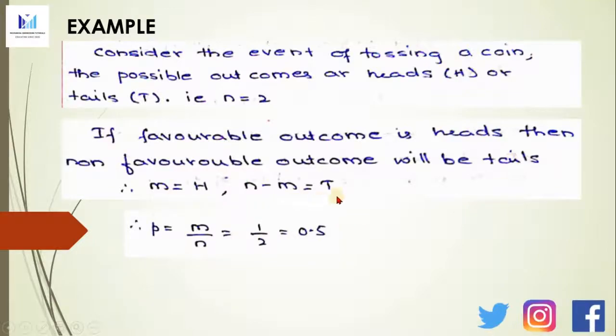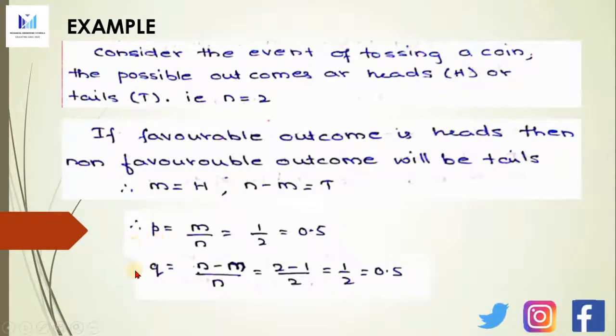Now let us see what is the probability of getting tails, that is, the probability of the non-favorable outcome. So q will be equal to n minus m upon n. n minus m is nothing but getting tails. So n is how much? 2, and m is 1. So again this becomes 1 by 2, so 0.5.